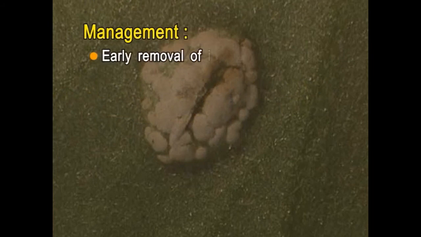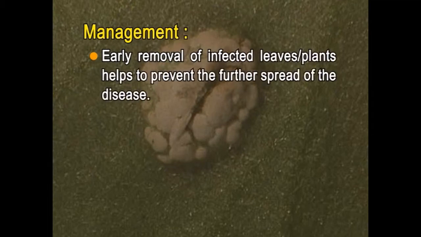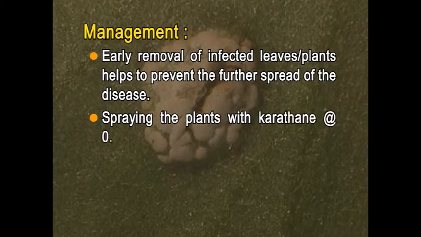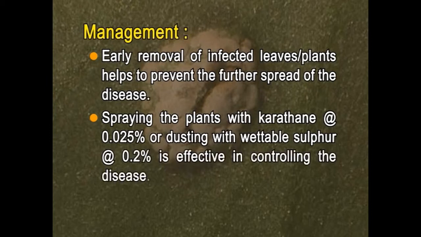Early removal of infected leaves or plants helps to prevent the further spread of the disease. Spraying the plants with Karathane at the rate 0.025% or dusting with wettable sulfur at the rate 0.2% is effective in controlling the disease.